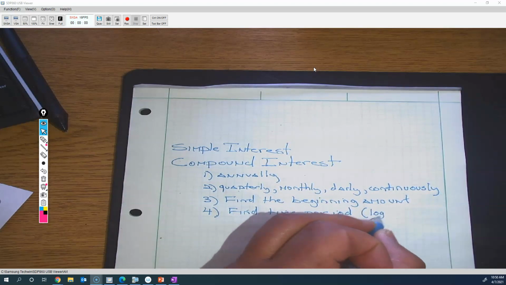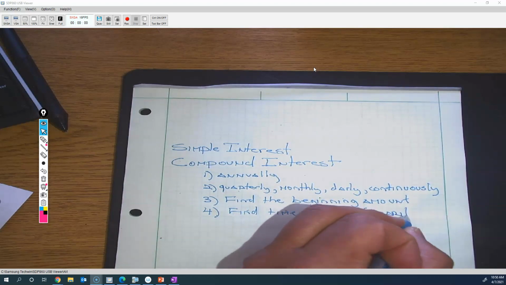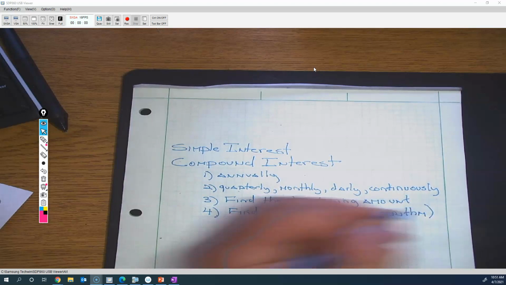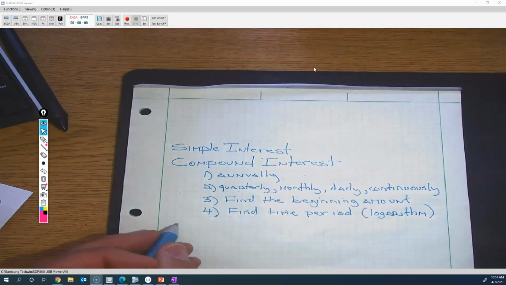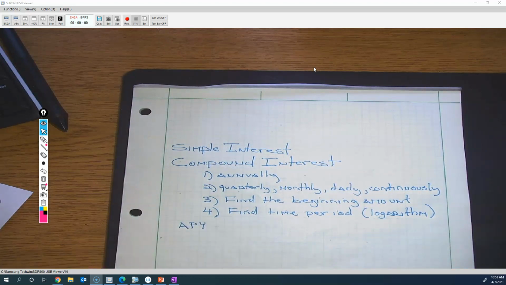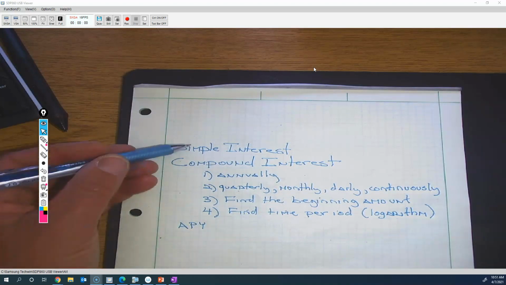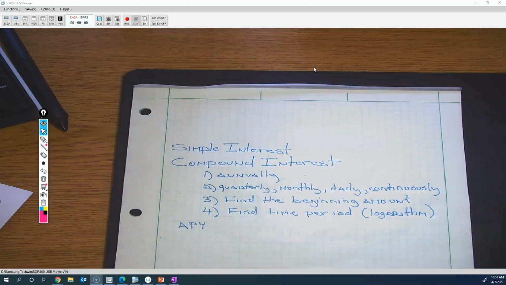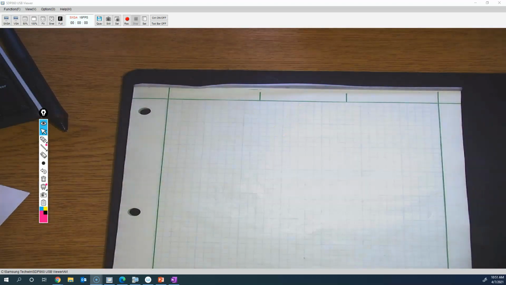That one uses the logs. And then the last thing on it is going to be APY, annual percent yield. So those are the types of questions you're going to see on the test. It'll be like 10, 15 questions. Okay? Alrighty. So let's take a look at that.